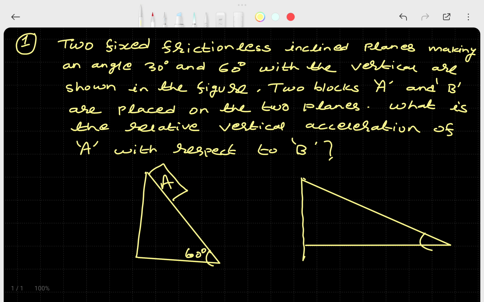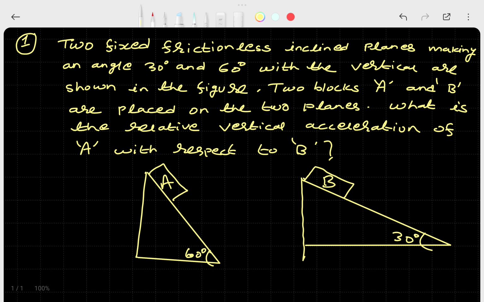Dear students, one more block, let us say block B, is placed on the other inclined plane. Both these inclined planes are fixed. One is inclined at 60° and the other at 30°. So let me read the question. Two fixed frictionless inclined planes making an angle 30° and 60° with the vertical are shown in the figure. Two blocks A and B are placed on the two planes. What is the relative vertical acceleration of A with respect to B?